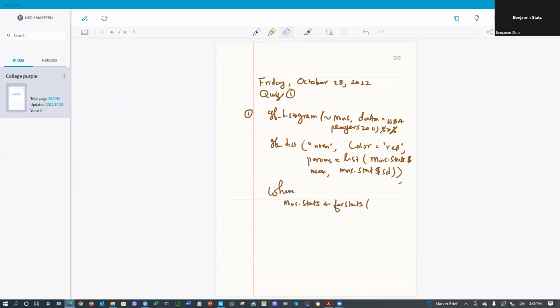I'm going to go to favorite stat now of means, from the data NBA players 2000 level. You get that stat, you build this one, and from that one you read the mean and standard deviation from that particular sample.